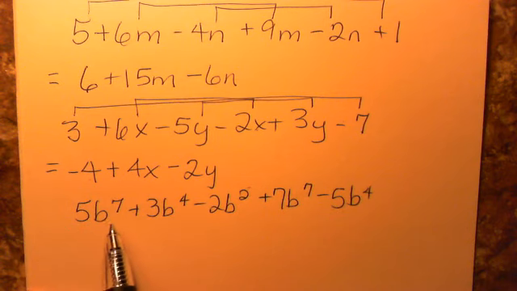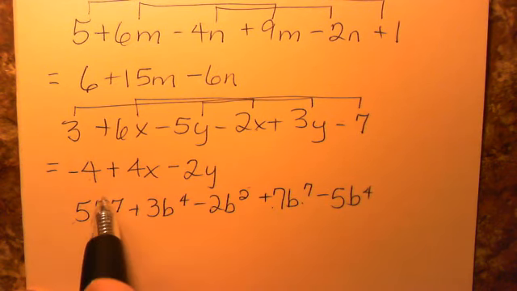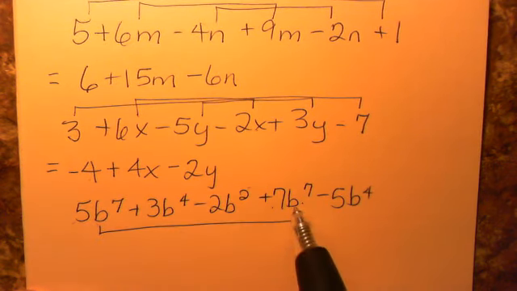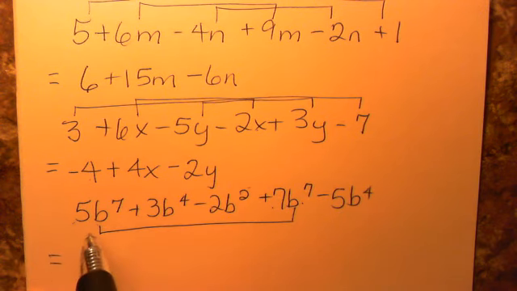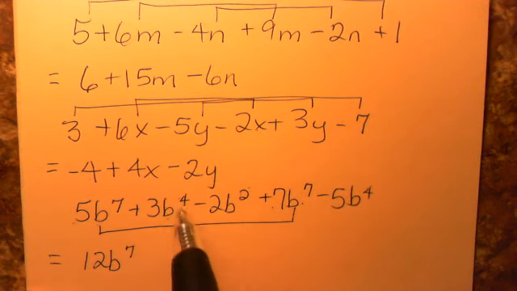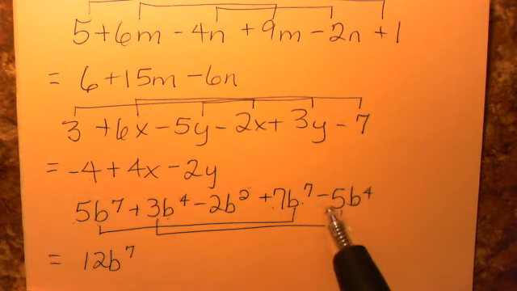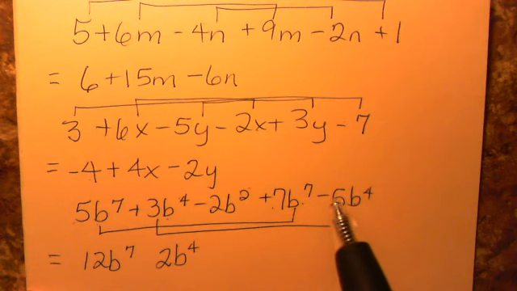Now remember that like terms have the same variable and exponent. So 5b to the 7th is like 7b to the 7th. Both signs are positive, so we rewrite that as 12b to the 7th. We see that 3b to the 4th is like minus 5b to the 4th. The signs are different, so we subtract for 2b to the 4th.